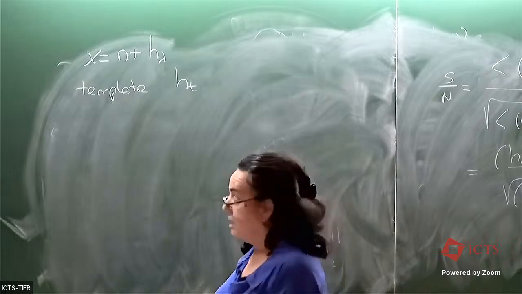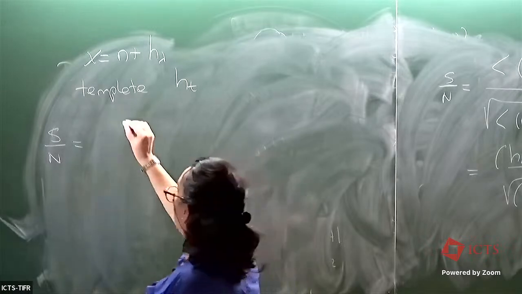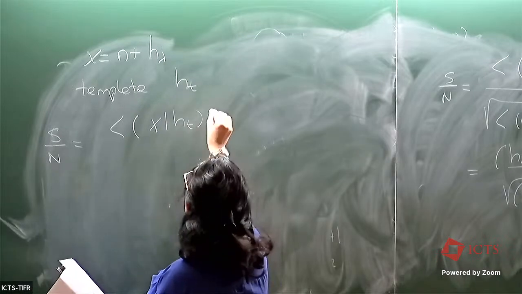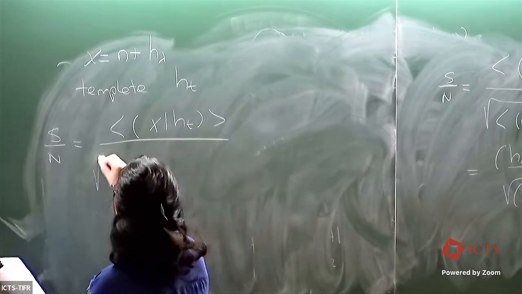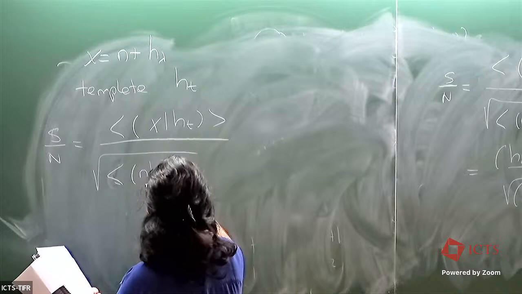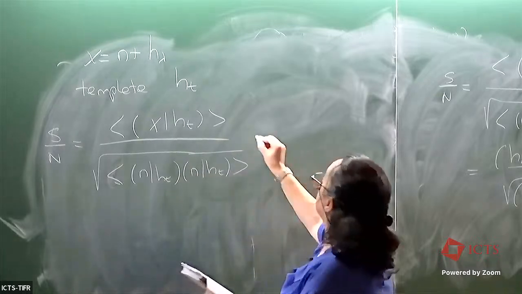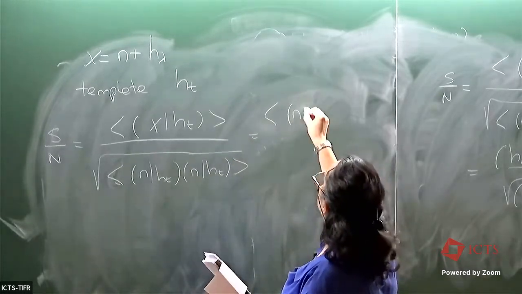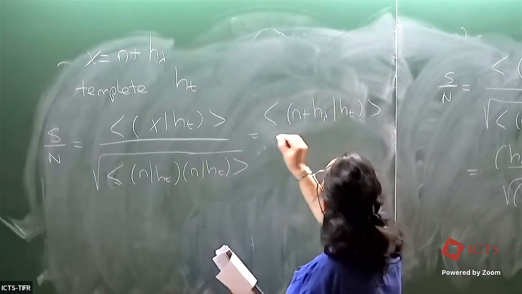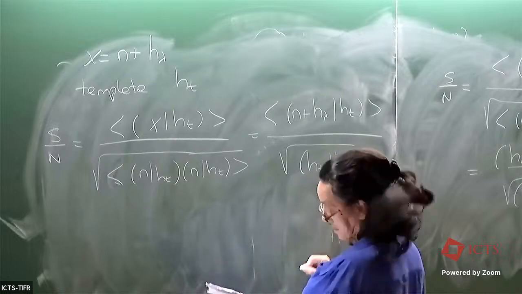In such a case, this signal to noise ratio, what I'm going to get is x h template, and here h template and h template. So this was n plus the signal, the template.